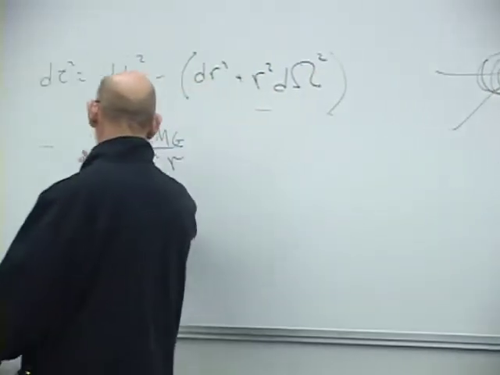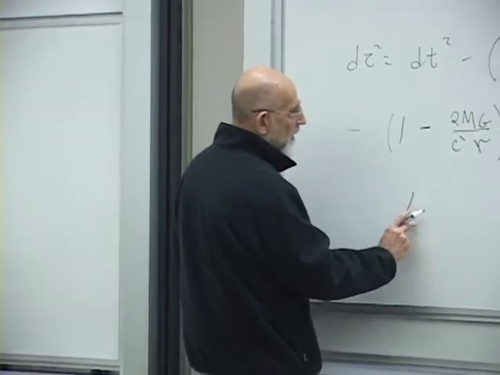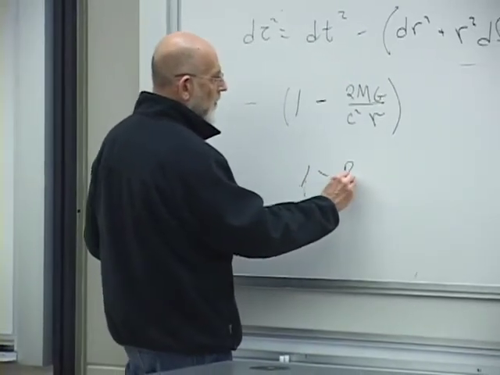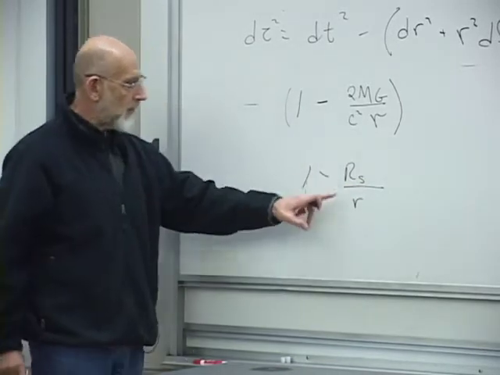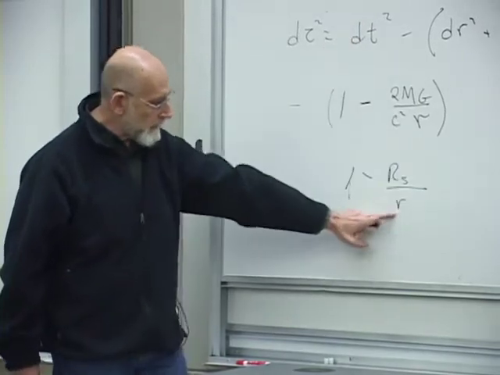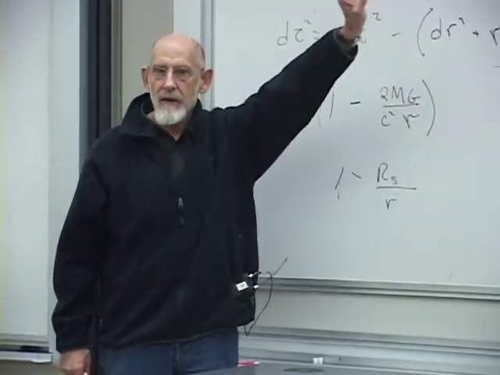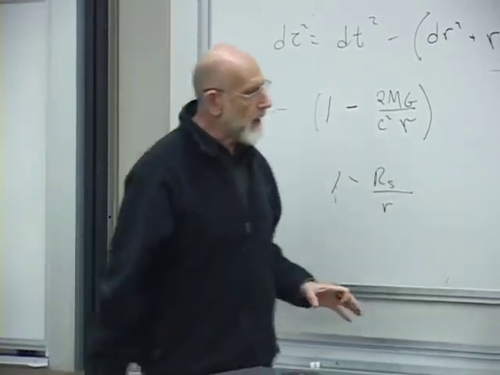We could also write this as 1 minus r Schwarzschild over r, the ratio of r Schwarzschild, the radius of the horizon, to little r, the point of interest.